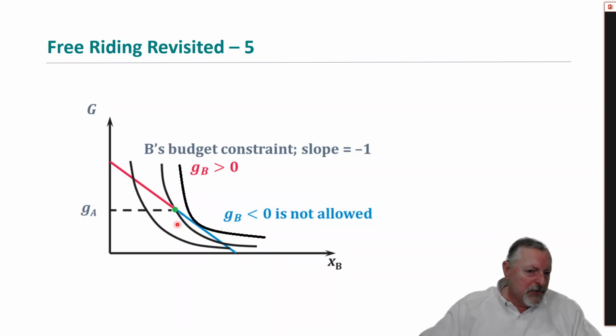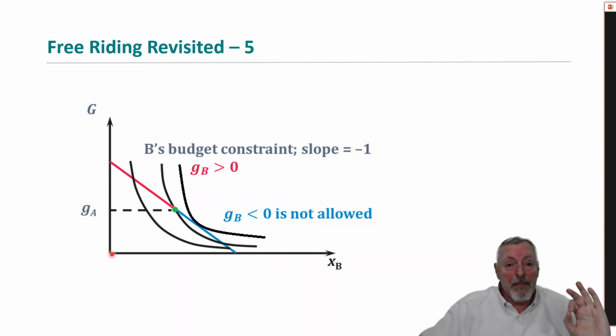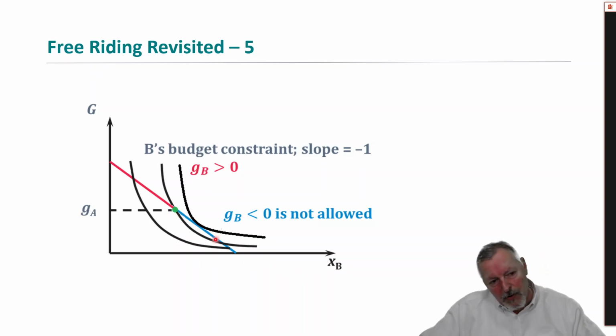But in practical terms, the smallest amount of public good they can have is this amount. They can't have less than that because this is the amount person A purchased, which means this is as close to optimal as they can get. They can't move farther down this way.